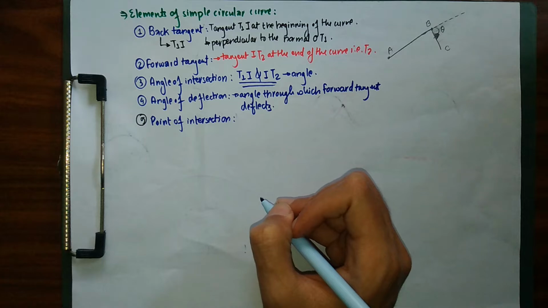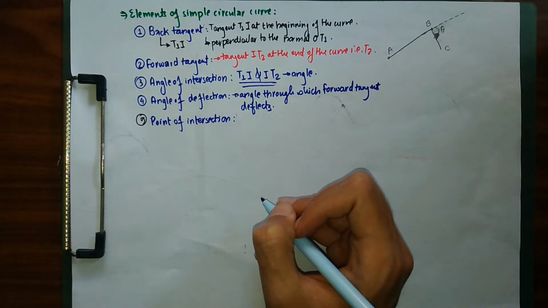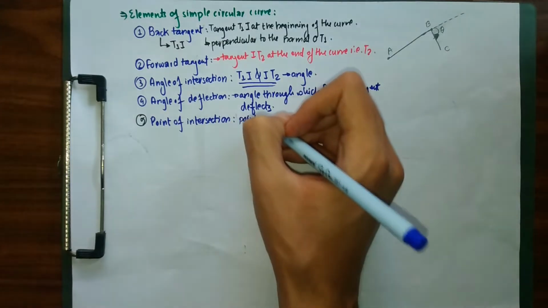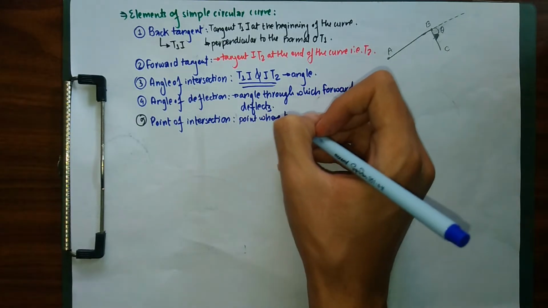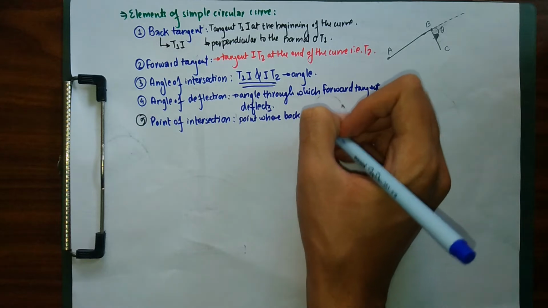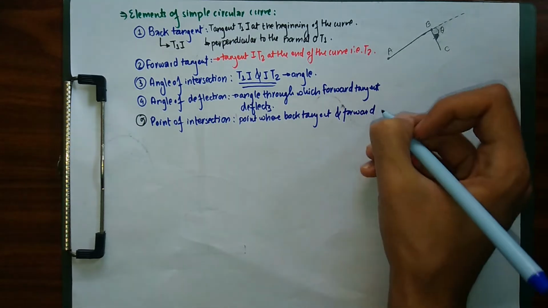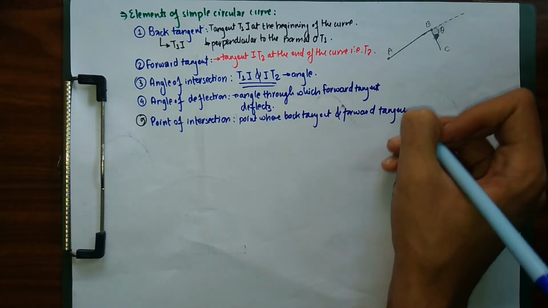Simply to give a simple definition, it is the point where our back tangent and our forward tangent meet.